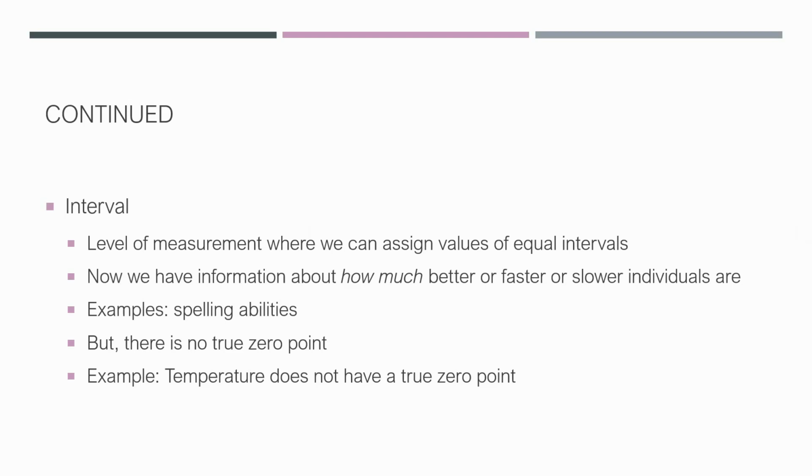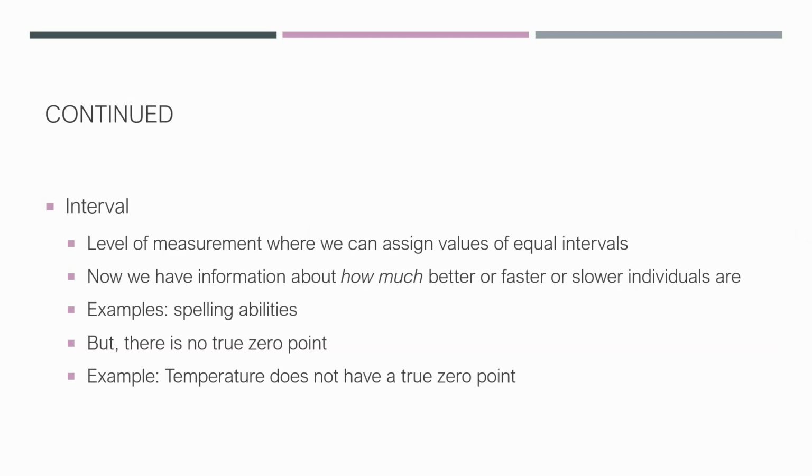Okay, so now with the interval level of measurement, we have information about how much better or how much faster, how much slower individuals are, right? Whatever trait or quality it is that you want to insert in any of those given examples. The example here can be spelling ability, right?